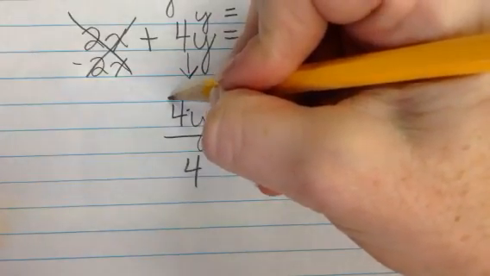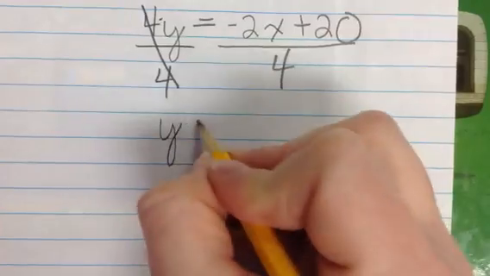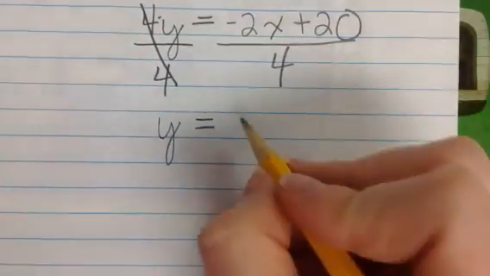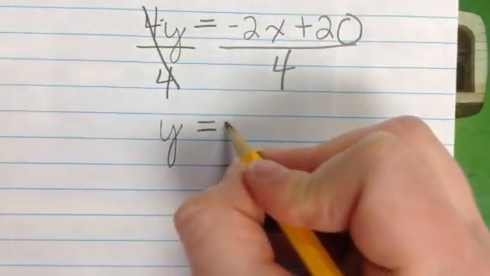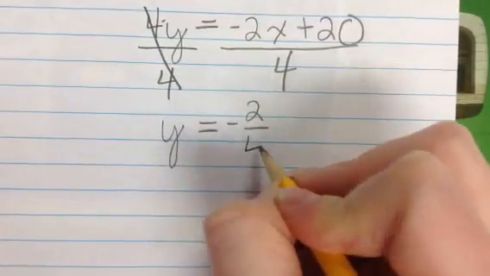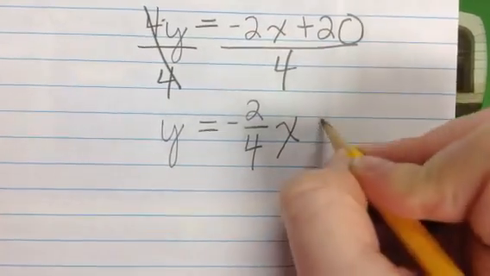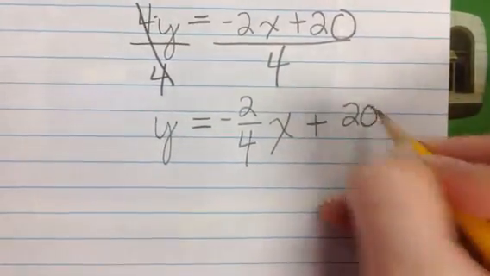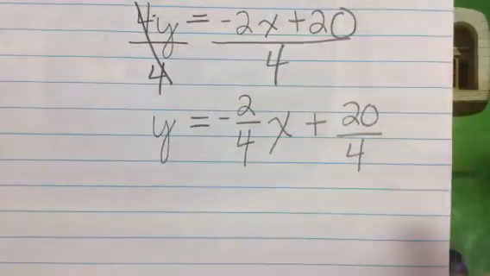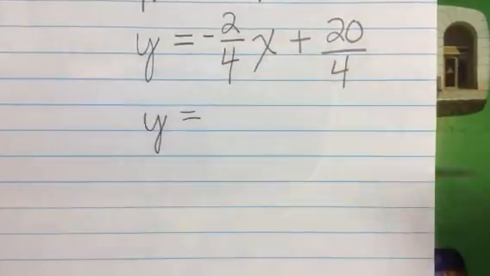4 divided by 4 is 1, so I cancel that part out. Y equals, I'm putting this number over 4, so negative 2 over 4, and bring the x out behind it. Then I'm going to have this number over 4, so 20 over 4. Then I just need to reduce so it will be easier to graph.